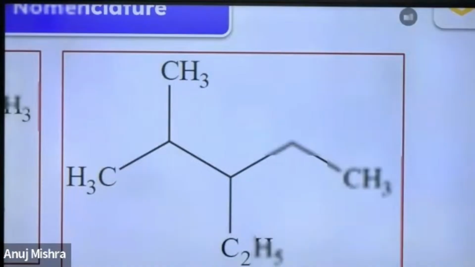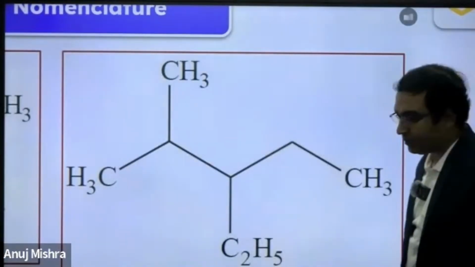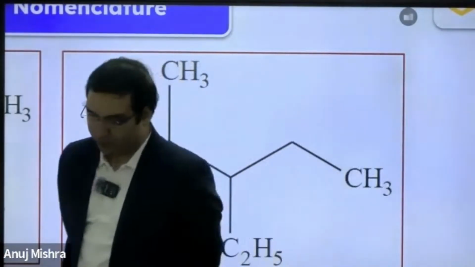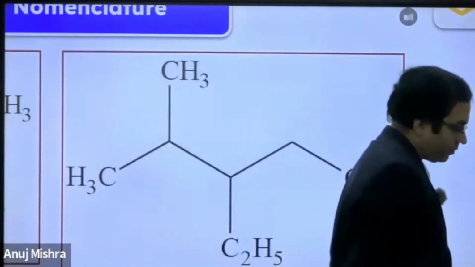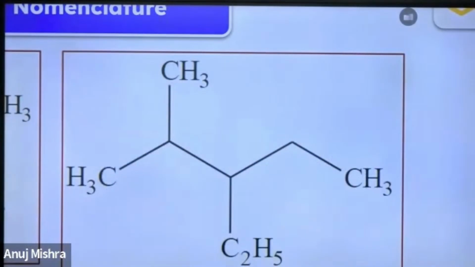Answer this, this time without any mistake. Tell the name of this compound. So shall I send it to you or shall I say it here?